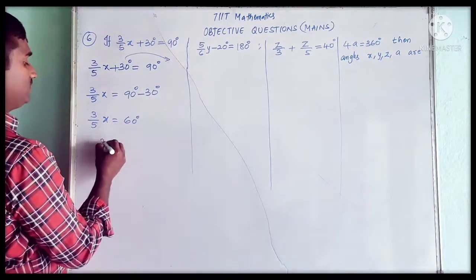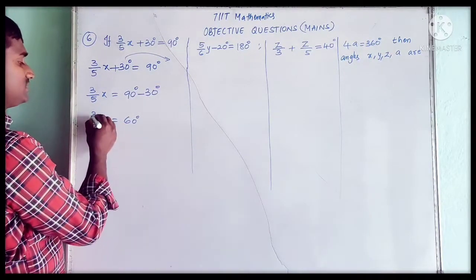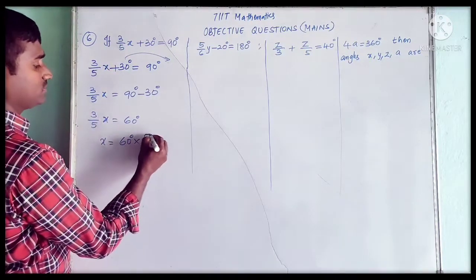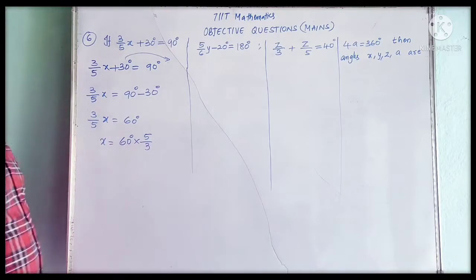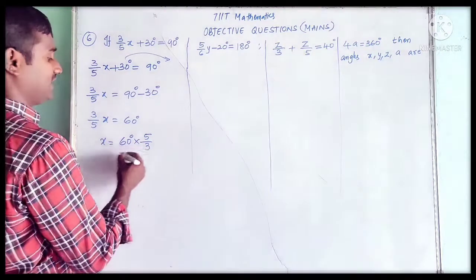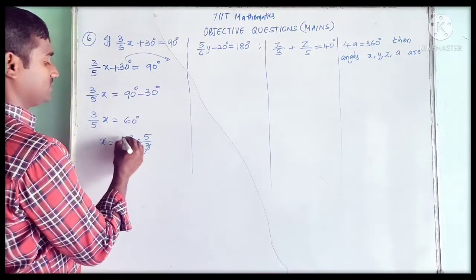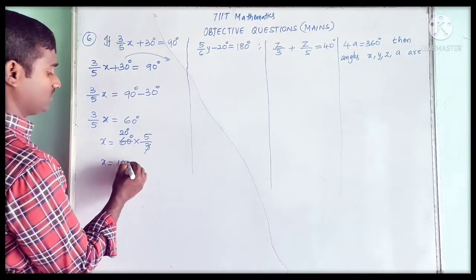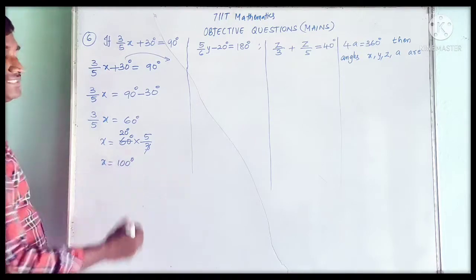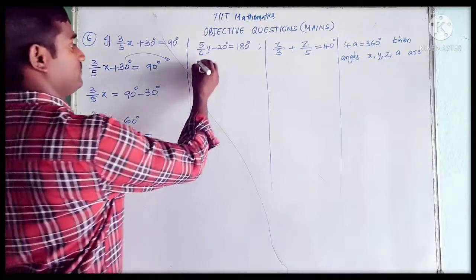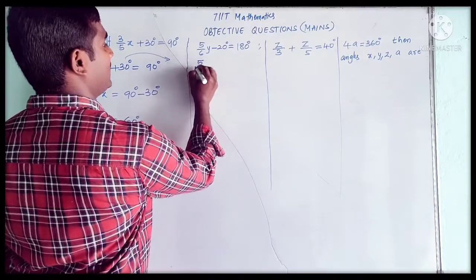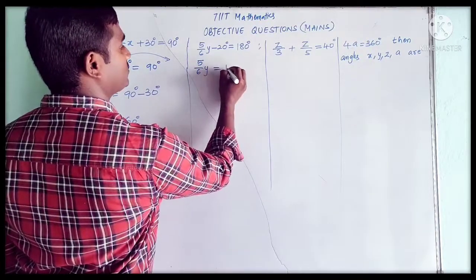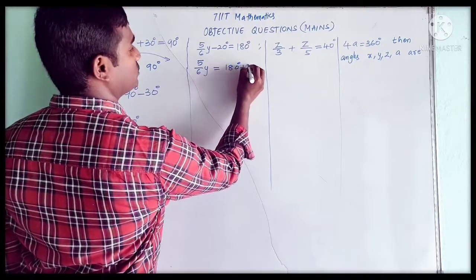So x is equal to, if you transpose this 3/5 to the right side, the reciprocal comes, so it becomes 5/3. 60 into 5/3. Is there any cancellation? Check. 3 twenties are 60. So 20 into 5, how much? 100 degrees. X is equal to 100 degrees.